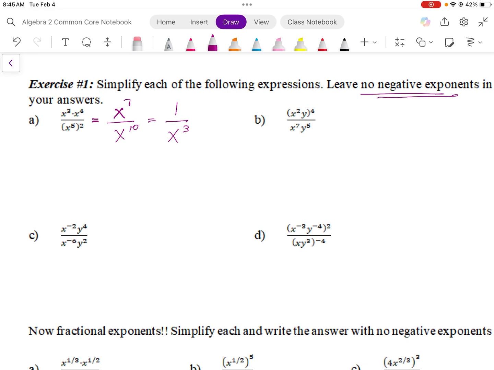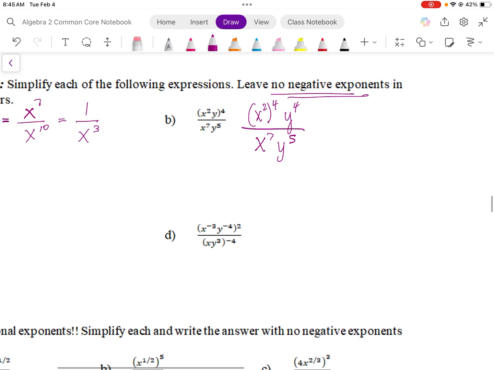All right, I'm sharing my exponent. I'm thinking x squared to the 4th, and then y to the 4th, over x to the 7th, y to the 5th. You don't necessarily have to write that. I would encourage you to write x to the 8th, y to the 4th, over x to the 7th, y to the 5th. So now I have my x's. 8 minus 7 is 1, and it's more on top.